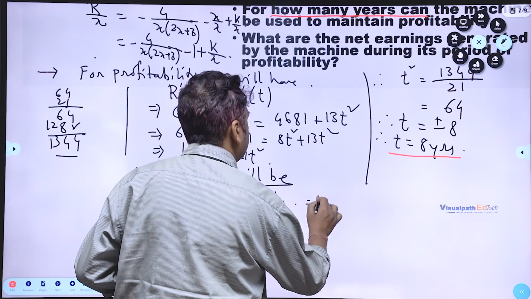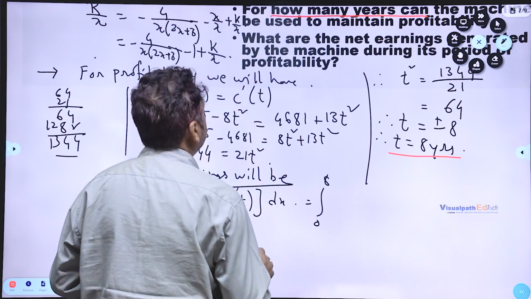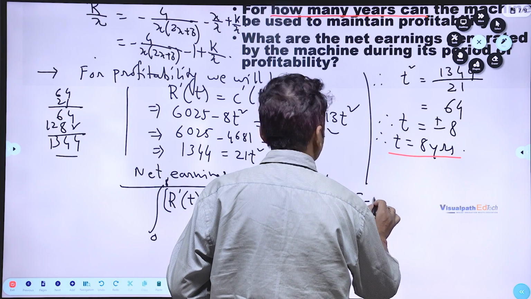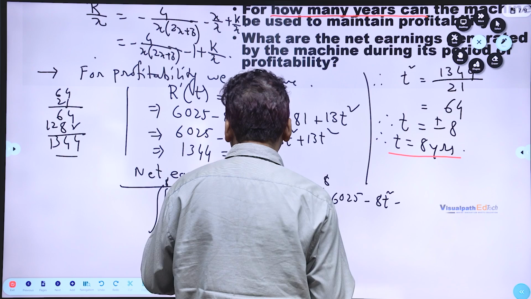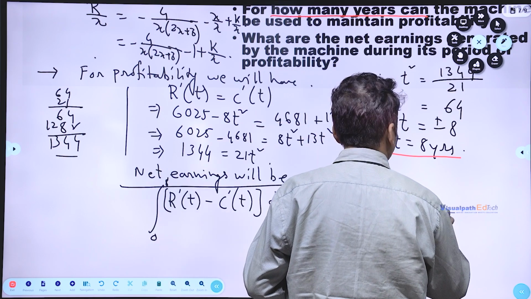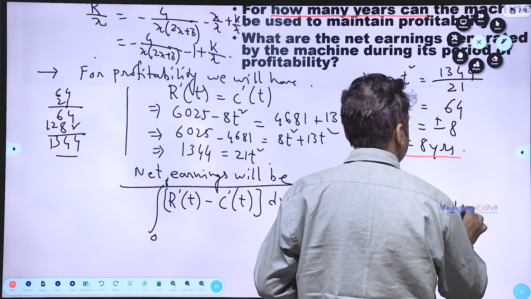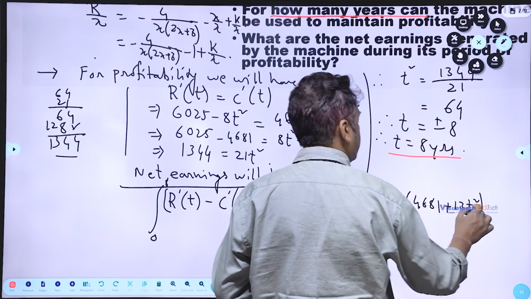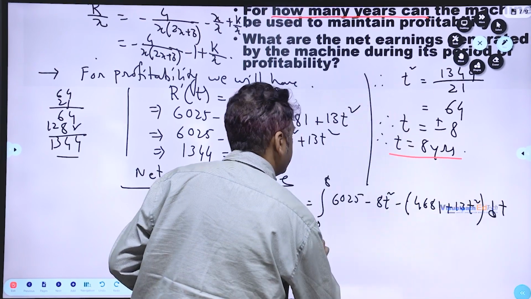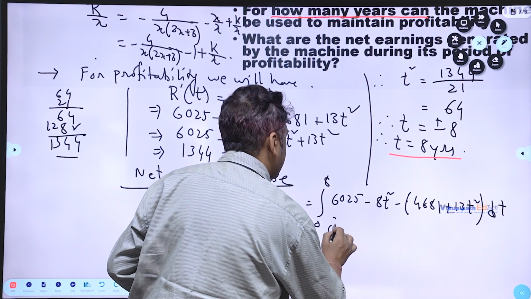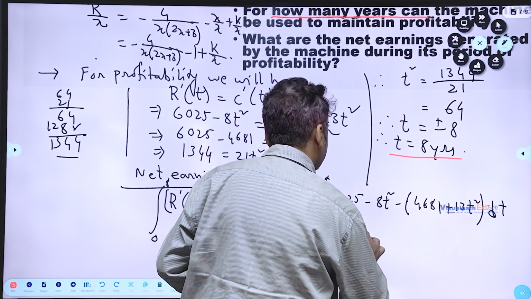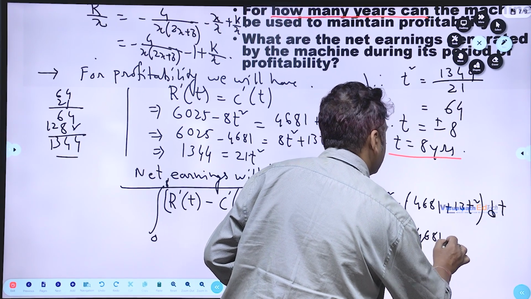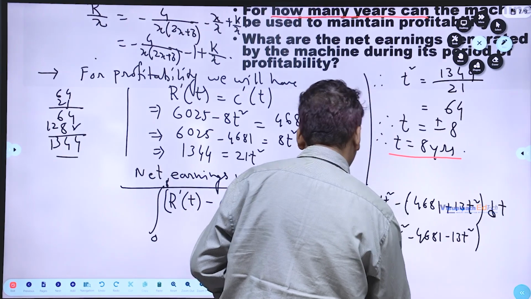R'(T) will be 6025 minus 8T square, minus C'(T), which is 4681 plus 13T square, in terms of dt. So we will get the integration from 0 to 8 of 6025 minus 8T square minus 4681 minus 13T square, dt.